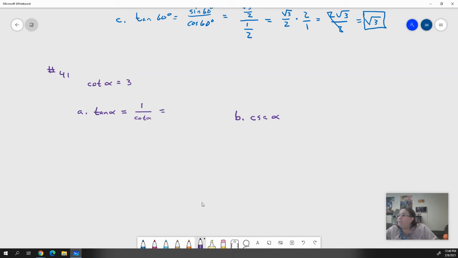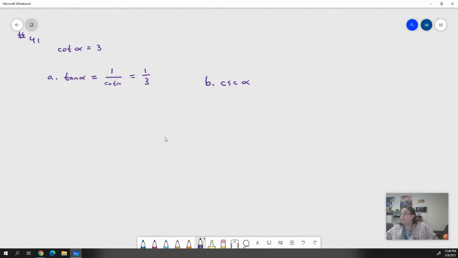We know that cotangent of theta is 3. So we're saying that tangent of theta equals 1 over 3. Now that's all I need to know from that right there, right? Is that tangent of theta is 1 over 3. So we can move on over to this part here where it's asking us what the cosecant of theta is.